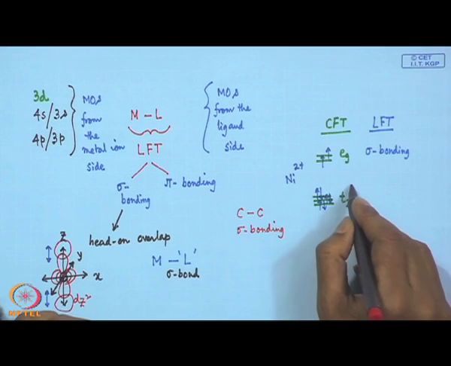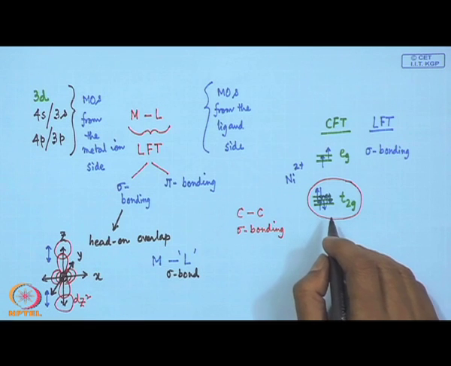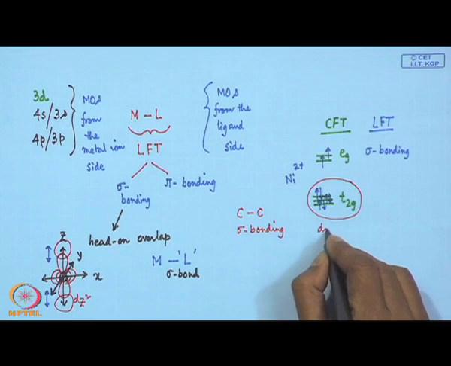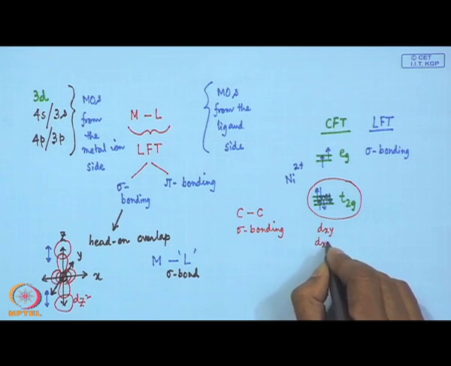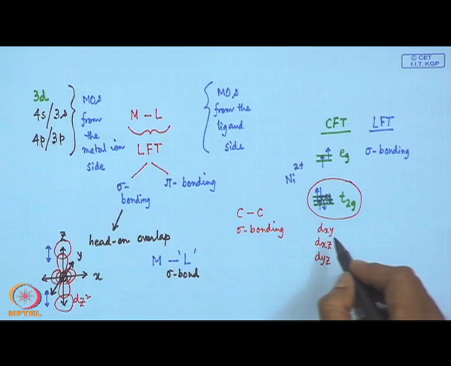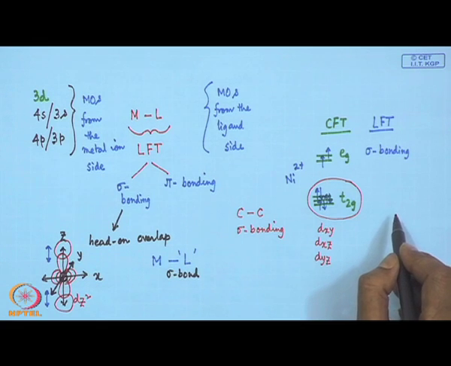Then we see the other set which we do not utilize for sigma bonding, that means, in the case of crystal field theory, the T2g set of orbitals. In that case we have the electrons available in these T2g levels, and these dxy, dxz and dyz orbitals will not have any matching symmetry from the ligand side for sigma bonding.